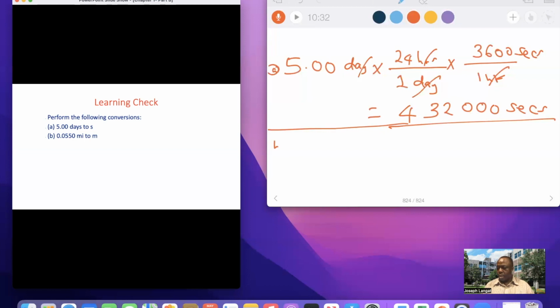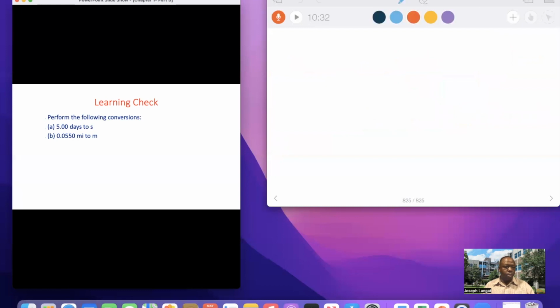So this is A, and B, using dimensional analysis, you want to change miles to meters. What I'll recommend, and I will share, is some of the common equivalent statements. I'll send it to you so that you can have it before you learn those equivalent statements.